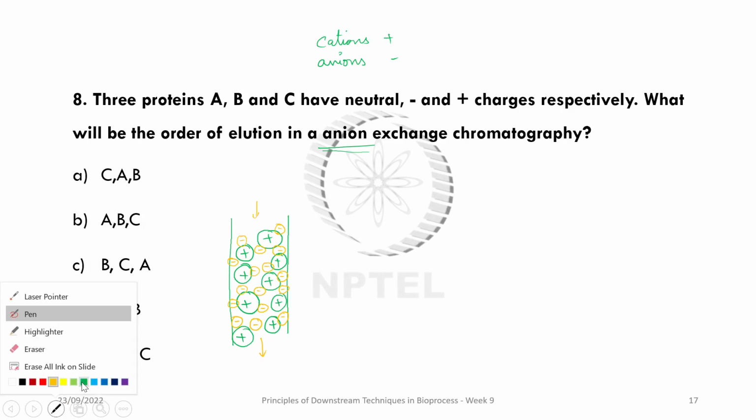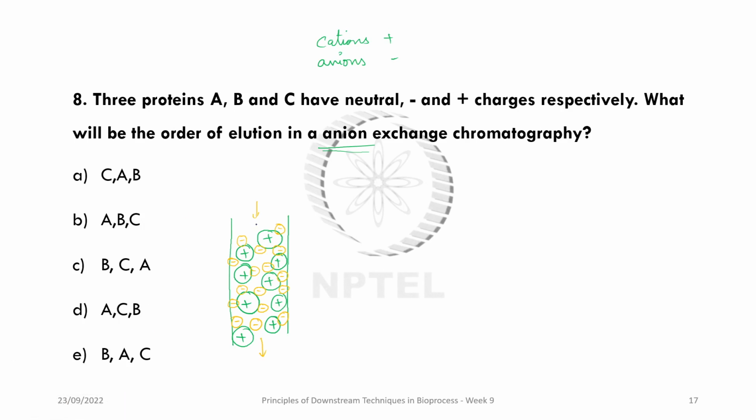So if I'm having, let's say, other positively charged species, they're going to get repelled, correct? Yes or no? So obviously they are not going to bind to the stationary phase, and they are not even going to interact with the stationary phase. So whatever is positive is going to spend the least amount of time in the column, correct?